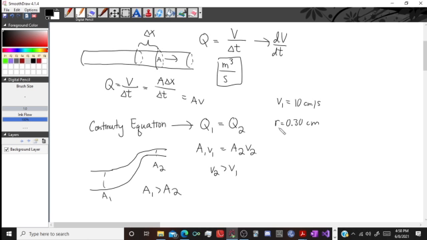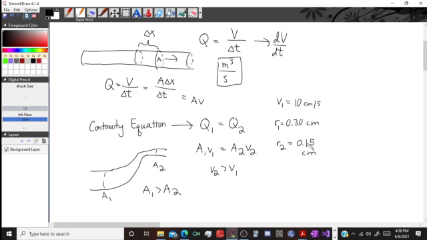Okay, so we're going to call this R sub 1. So R sub 2 is half the size, so it's 0.15 centimeters, and this is V sub 1. And here's the thing: I don't actually have to do any calculations because we know that the ratio of the velocities must be the inverse of the ratio of the areas. And since the cross section is circular, the area is pi r squared, so it's proportional to r squared.